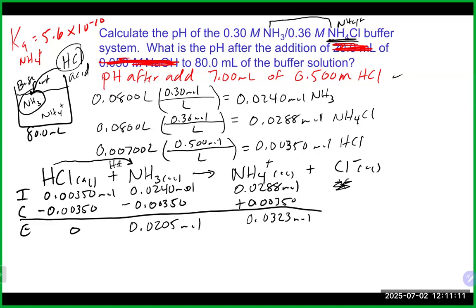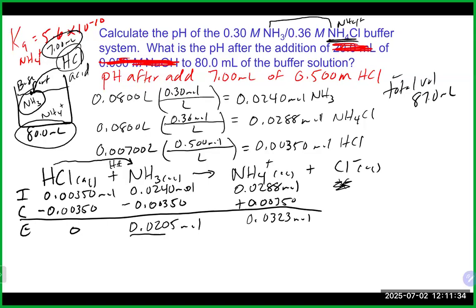Once again, a really good practice is to convert it back into molarity. We know we had 80 milliliters of our buffer. Here we added 7 milliliters of our acid, so that's a grand total of 87 milliliters as our total volume.